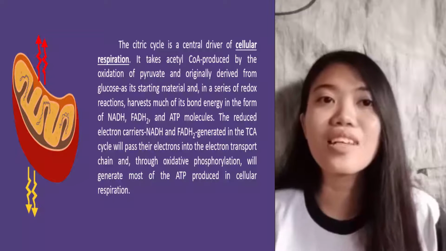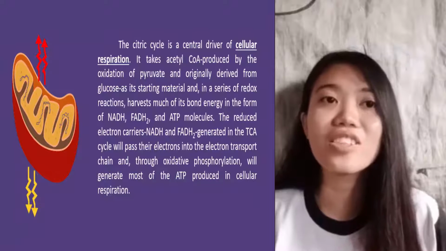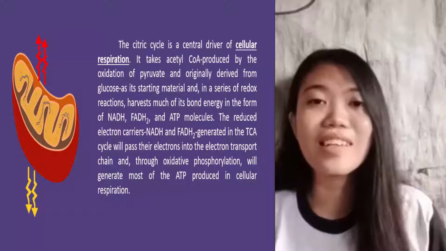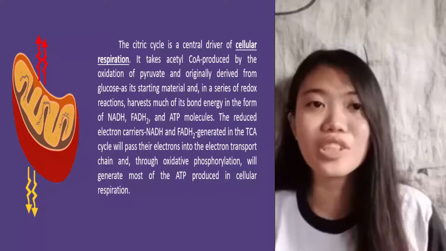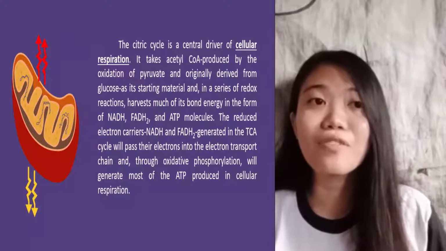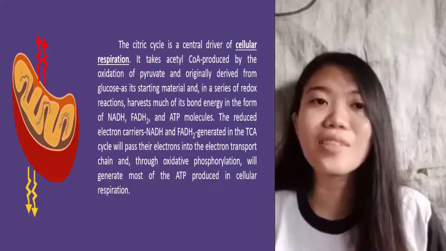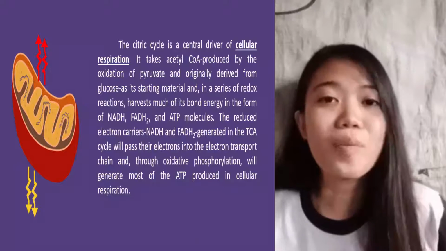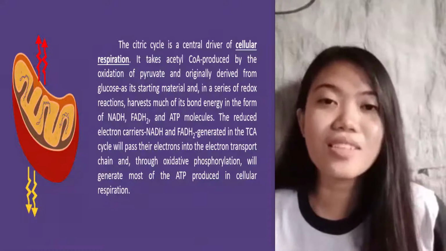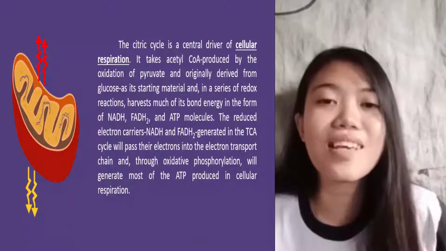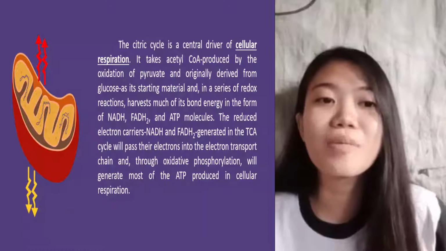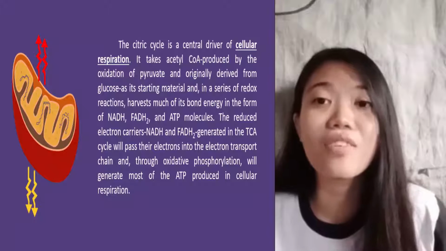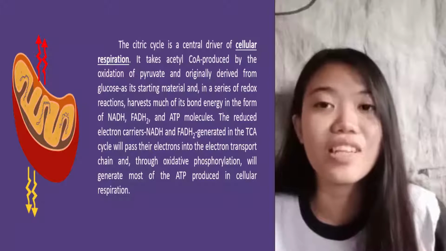The reduced electron carriers NADH and FADH2 generated in the TCA cycle will pass their electrons into the electron transport chain and through oxidative phosphorylation will generate most of the ATP produced in cellular respiration. So basically, in the mitochondrial matrix, which by the way is where the TCA cycle occurs, the enzymes of the citric acid cycle produce the reducing equivalents of NADH and FADH2.